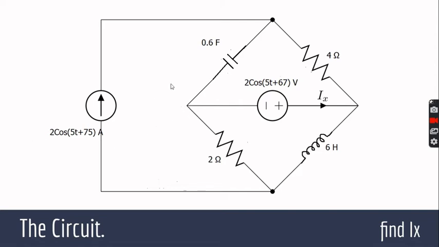So you can just say that this is a sinusoidal steady state analysis, so we have to use that knowledge to find Ix over here. Let's see how we're gonna apply it.